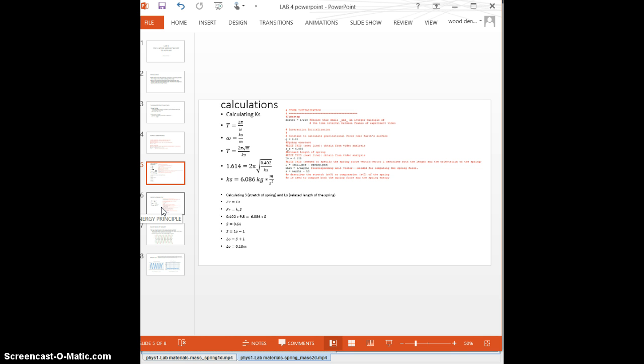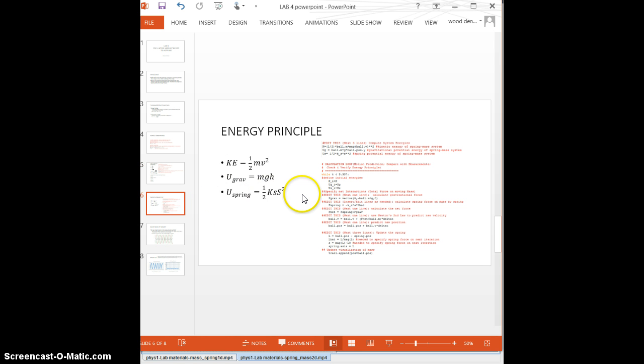Plugging all of this into our Python code, we move on to the energy principle parts of the code. So the kinetic energy is equal to 1/2 the product of the mass and the velocity squared.